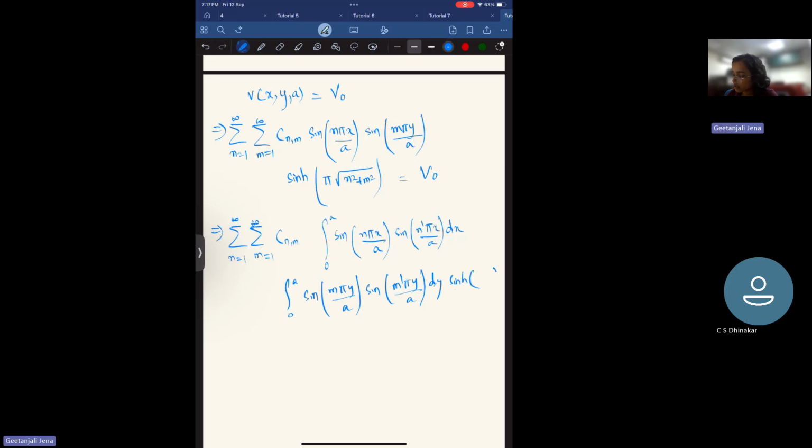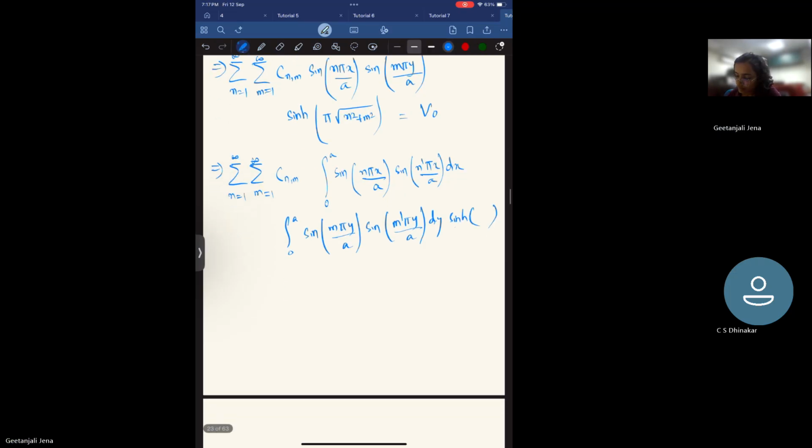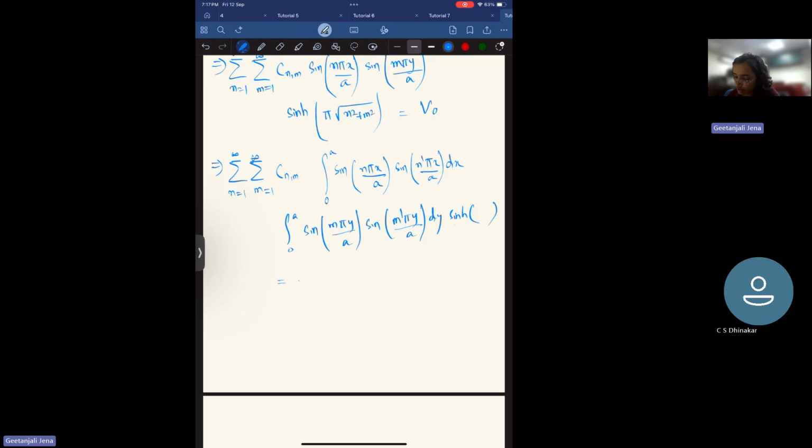This should be equal to ∫ from 0 to a ∫ from 0 to a V0 sin(n'πx/a) dx sin(m'πy/a) dy.